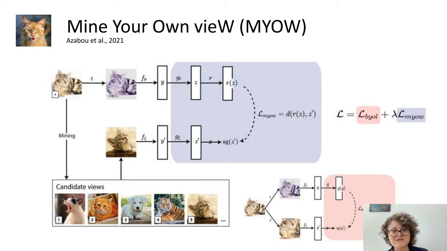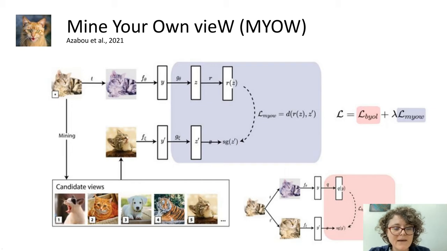In the case of images, we would actually look from within the data set, find another candidate view that is similar in the representation space in the network, and then use that as a positive predictive target for this self-supervised method.